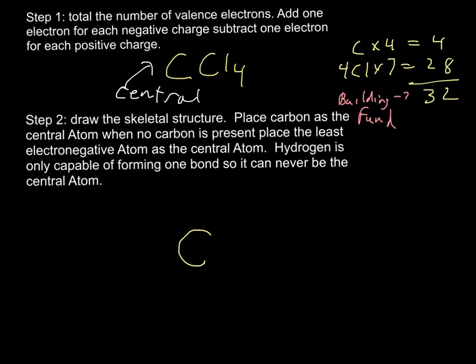I'm then going to connect all the other atoms in my structure to that central atom. So I have 4 atoms of chlorine that I want to connect to my carbon. I connected my chlorines to my carbon by drawing 4 lines.